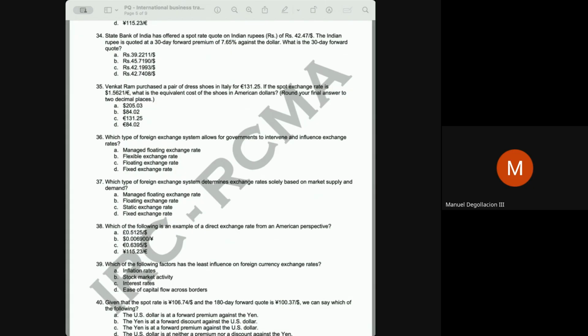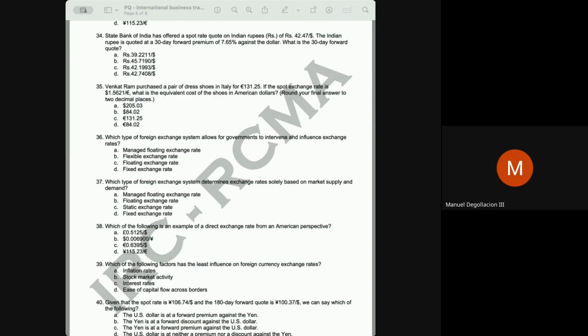Number 36. Which type of foreign exchange system allows for governments to intervene and influence exchange rates? The answer here is letter A, managed floating exchange rate. In a managed floating exchange rate system, there's a combination of the features of the fixed and floating exchange rate systems.